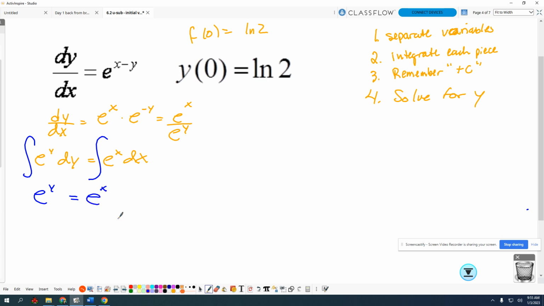And I'm missing one piece. Plus C. Okay. 2 of the 5 points, right there. We separated the variables correctly, we integrated each piece, and we remembered plus C.